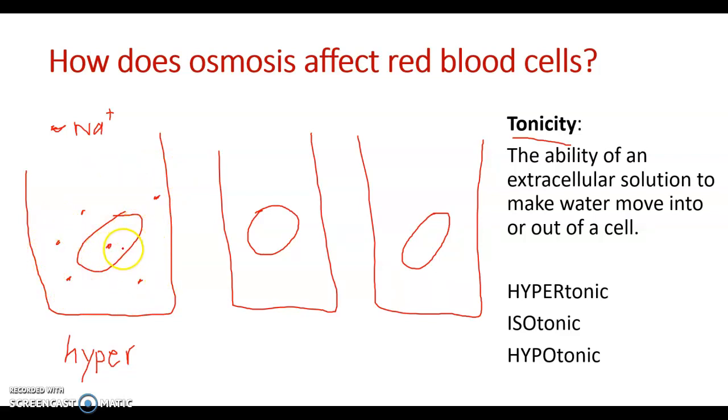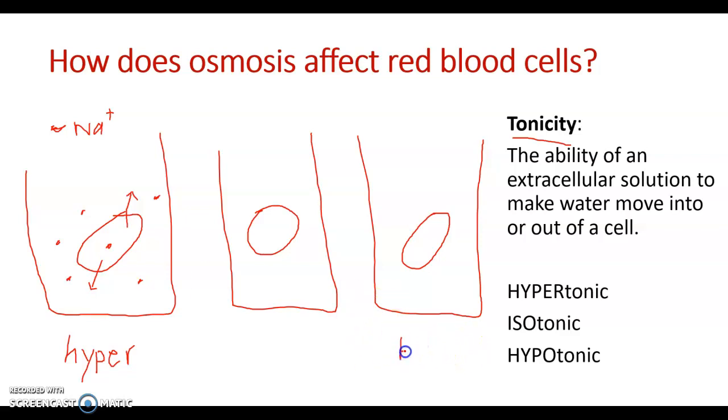And that means that by osmosis, facilitated diffusion, passive transport, water is going to move out of the cell to try to dilute the concentration on the outside. If enough water moves out of the cell, then we're going to have the cell completely collapse and deflate, and that is called crenation. So if you lose enough water out of your cell, it will actually collapse and deflate. That's called crenation.